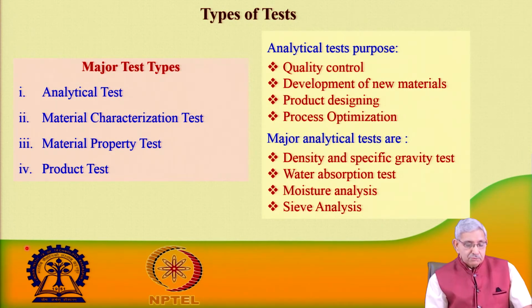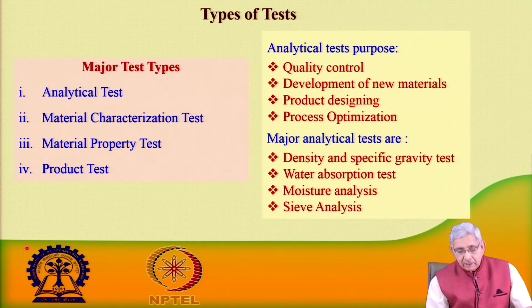These tests could be analytical tests, mechanical material characterization tests, material property tests, or product-use tests. The purpose of analytical tests is quality control, developing a new product, designing the product, or optimizing the process.